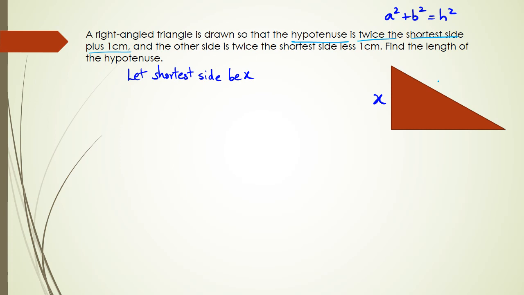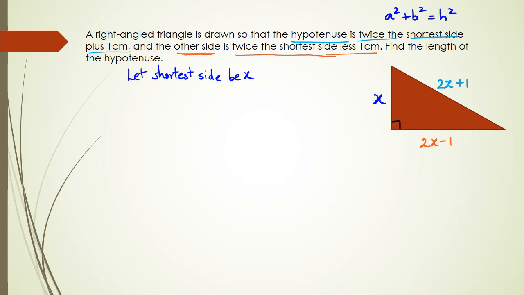In this triangle, this is the shortest side, so let the shortest side be x. Twice the shortest side plus 1 means the hypotenuse is 2x plus 1. The other side is twice the shortest side less 1 centimeter, so that's 2x minus 1.